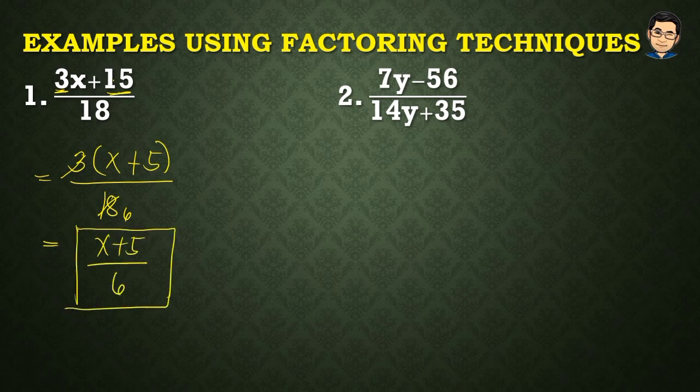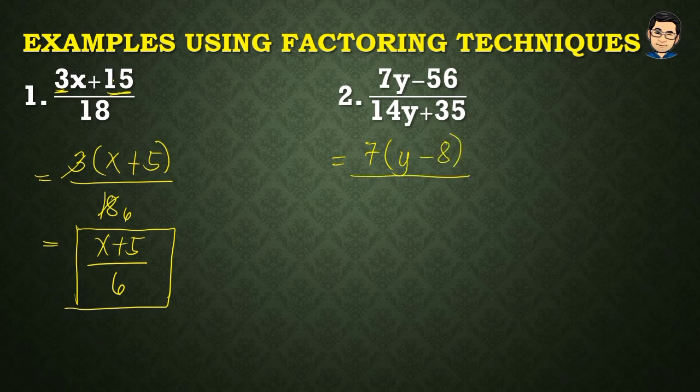Ayan. Next, 7y minus 56 all over 14y plus 35. So, the greatest common monomial factor of 7y and 56, that is 7. So, ipa-factor natin yung 7, and then yung matitira sa loob, 7y divided by 7, that is y, and then negative 56 divided by 7, that is negative 8.